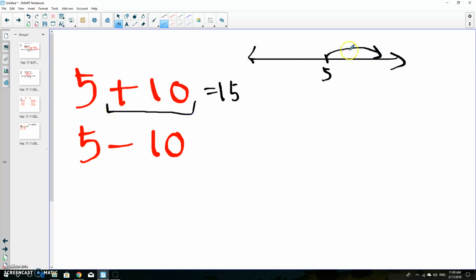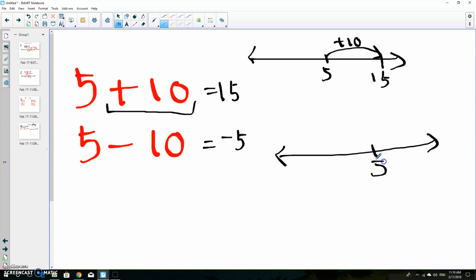This is telling me that I'm going to move 10 numbers to the right. So we're going to end up with 15. This one, 5 minus 10, is going to be negative 5. And the reason for that is we're going to start with 5. We're going to move 10 spaces over there. That's subtract 10. That's what it means. So we are ending up with negative 5. The rest of that is just like counting. Okay, can we count all of these dots? I don't think we have too much problem with it.